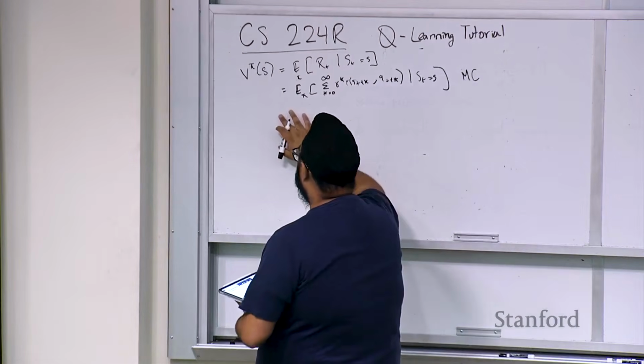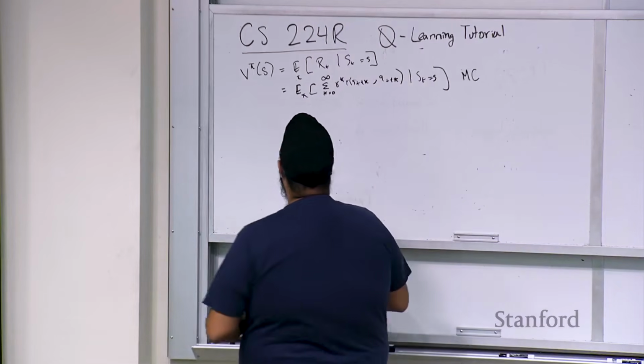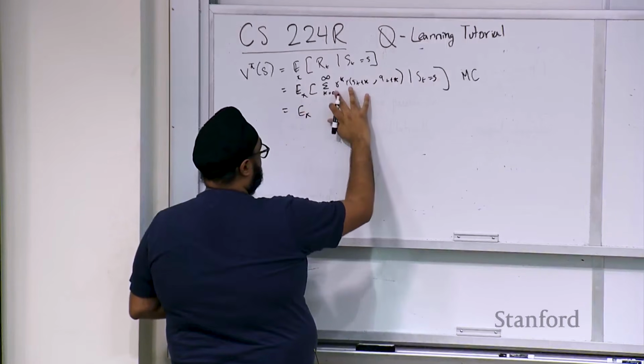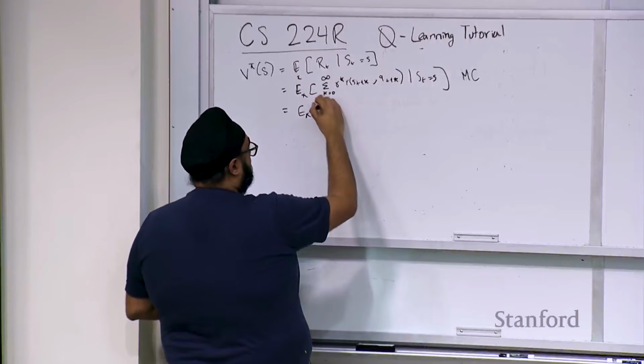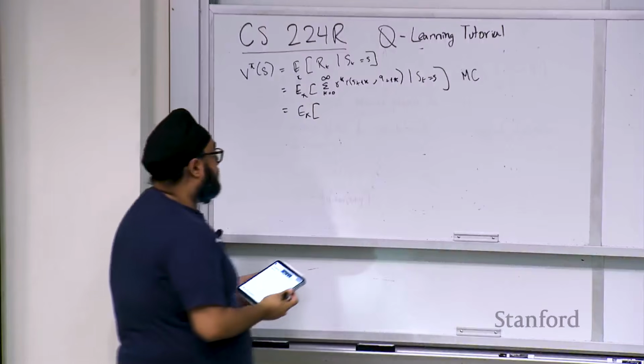So we can now do some algebra to convert this into a one-step TD estimate. And the way that we're going to do that is we're going to take this reward out of the summation here and use it to go back to the value function definition that we had above.